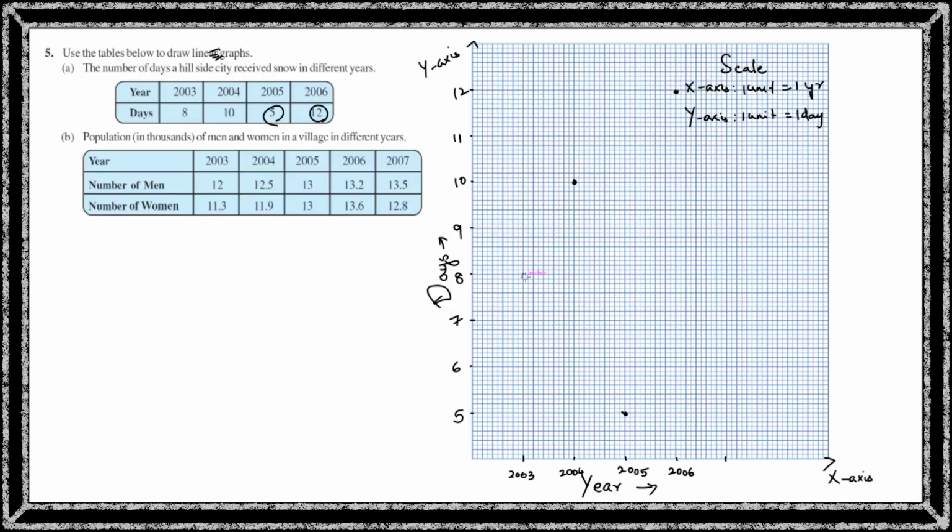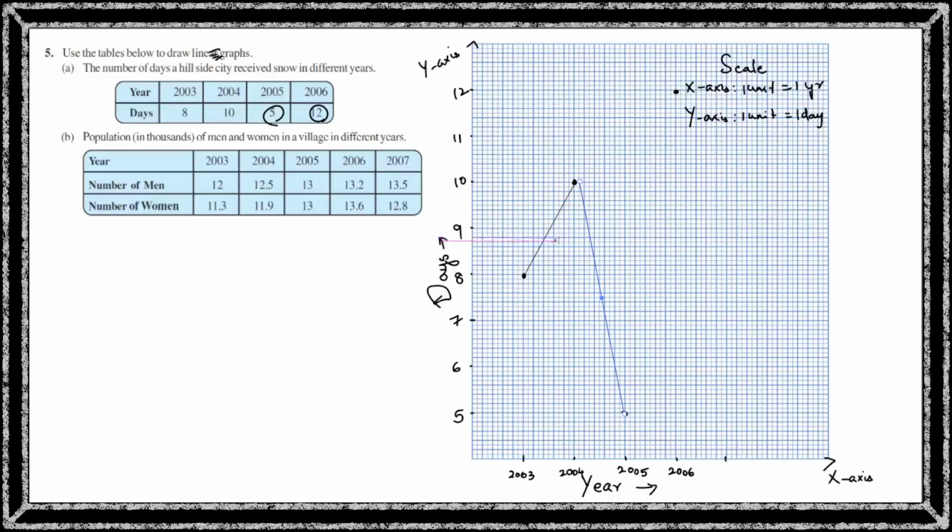So here I'm joining the first point with the second point, right? So that is the first line. And then let's continue, join the second point to the third point over here.